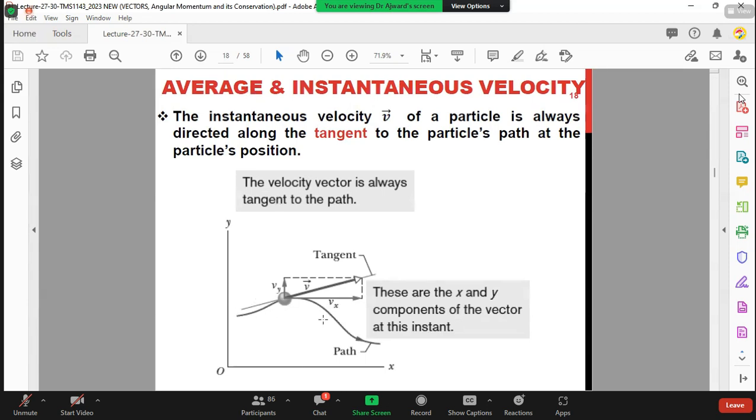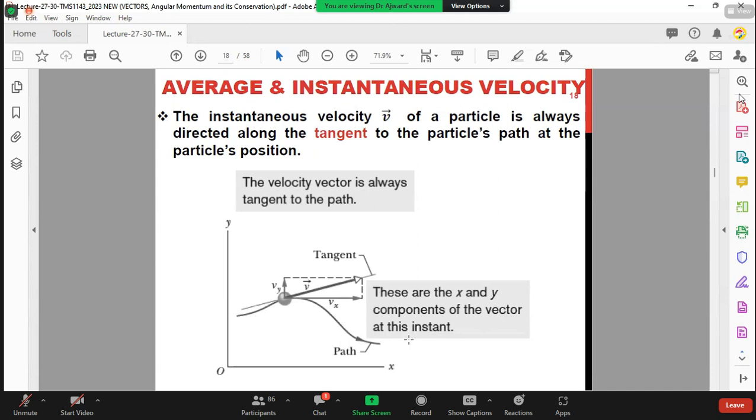And if a particle is moving in a certain path, for example, this is the xy coordinate system. The velocity is always tangent to the path of the motion. This is the path you see, some particle moving along, maybe a projectile or whatever motion, any motion.